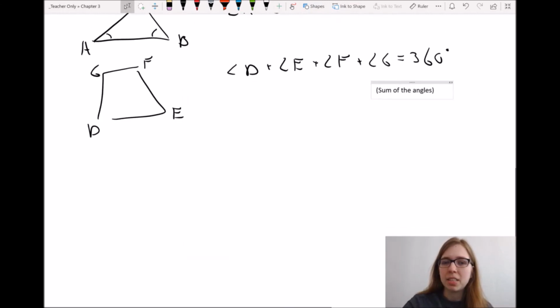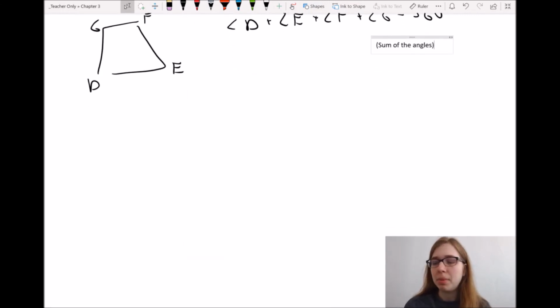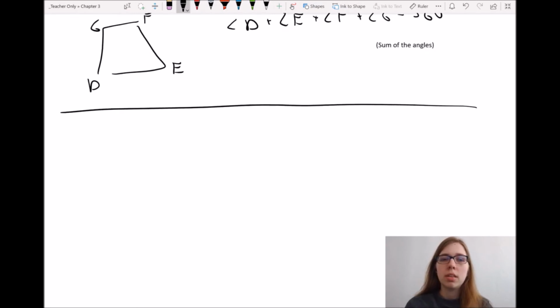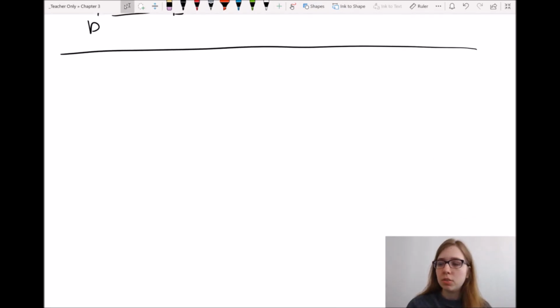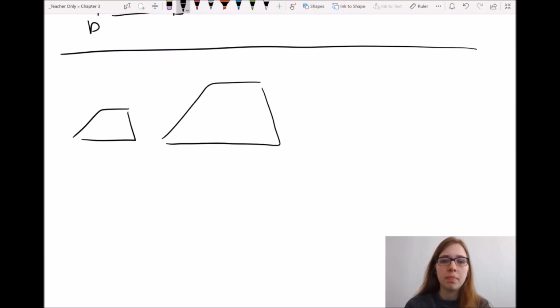Now let's get to the last topic of the refresh, and that is similar figures. I'm not going to say too much about this, but I just want to remind you of a few things. So all I want to say is how do we check whether two figures are similar? And important here is that we have to check two things.